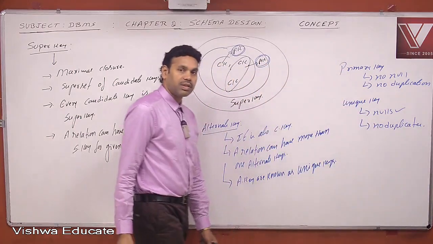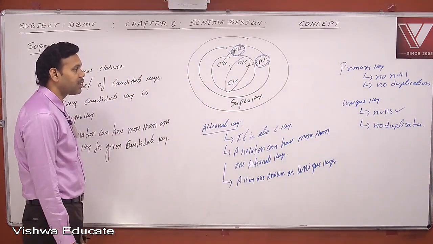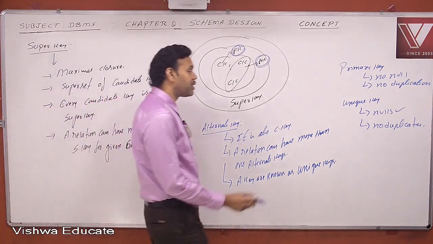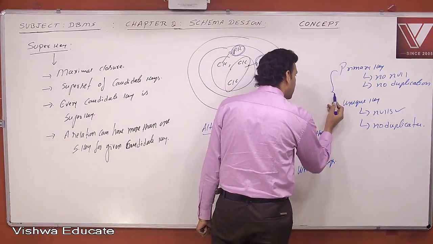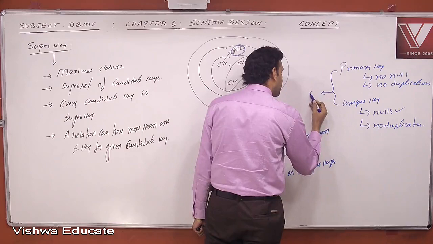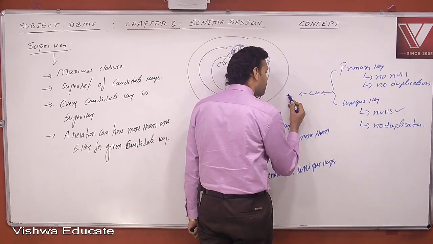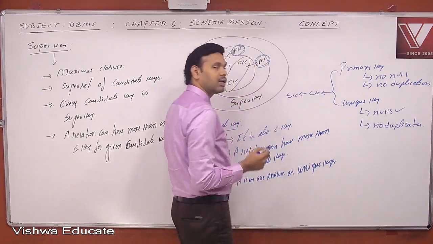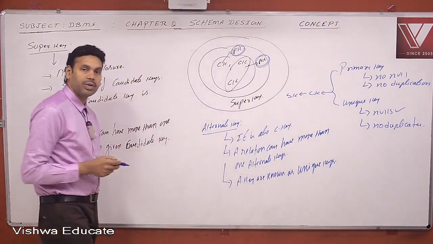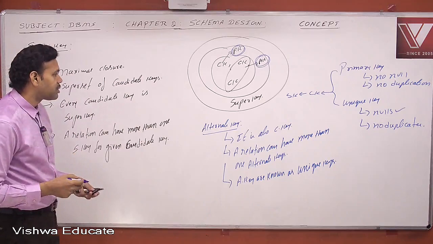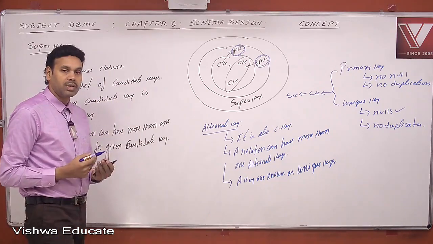This is the difference between primary key and unique key. And you see that primary key and unique keys are by default what? Candidate keys. Candidate key by default what? Super key. This is the relationship among them. Okay, just copy this. We will look into the super keys concept.